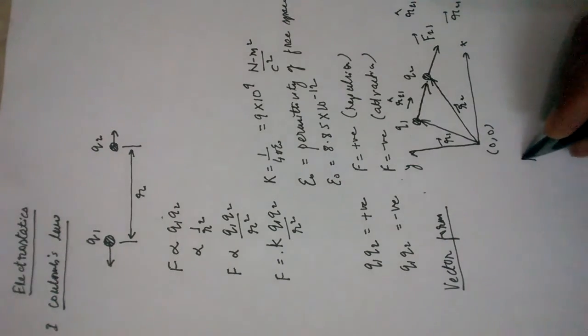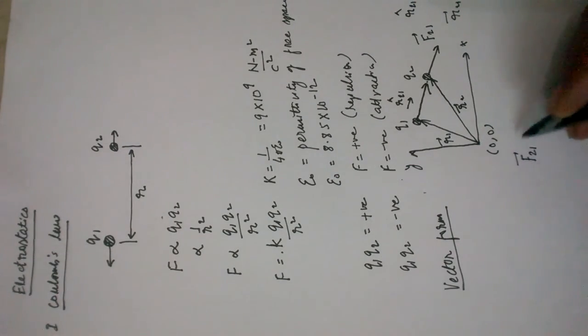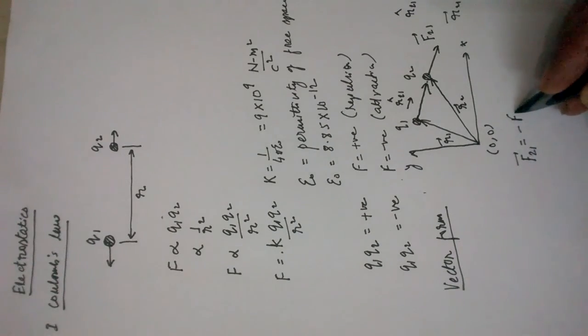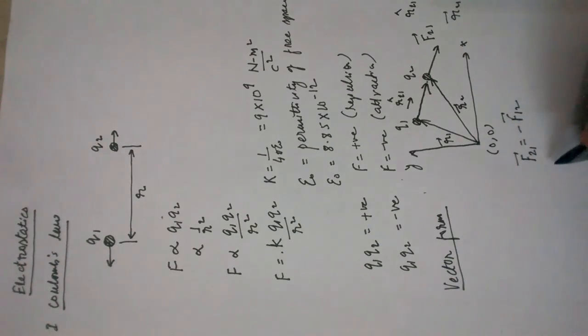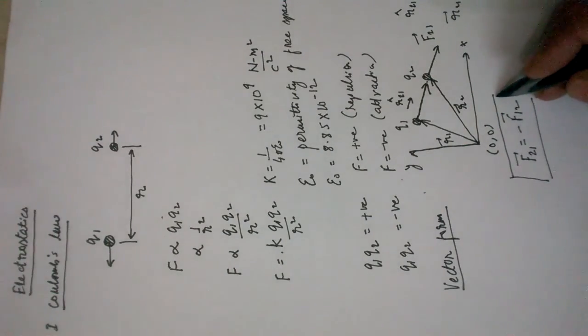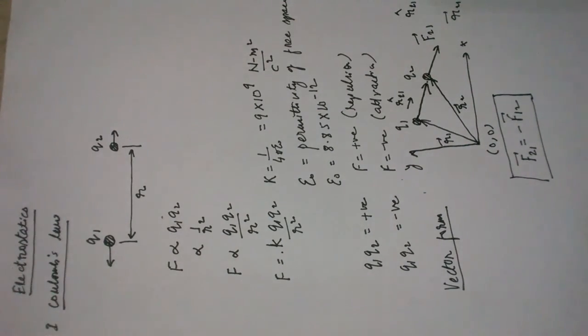So here it is not the exception, and F21 vector is equal to minus F12 vector. The force on the second charge by the first charge is equal and opposite to the force on the first charge by the second charge.